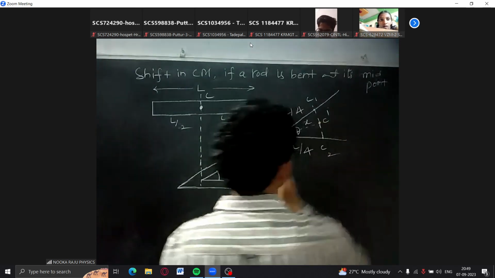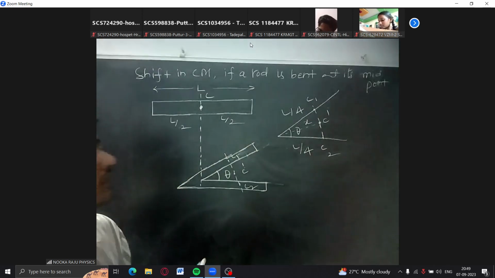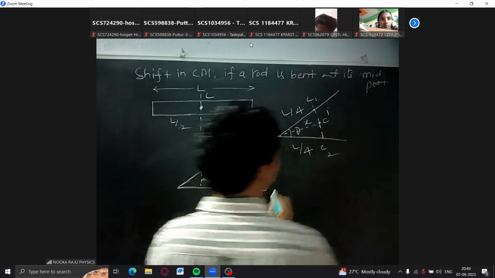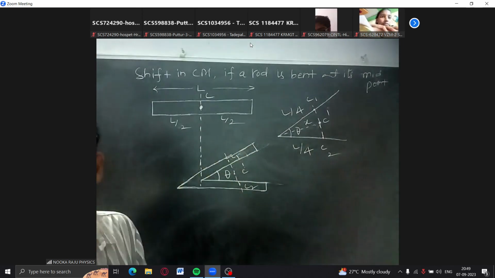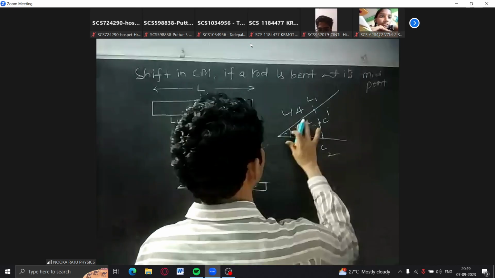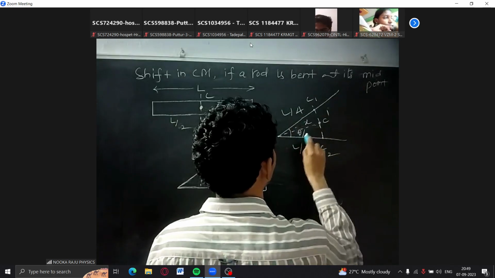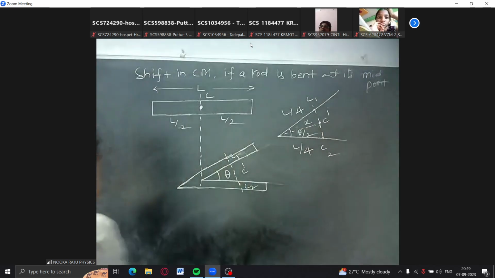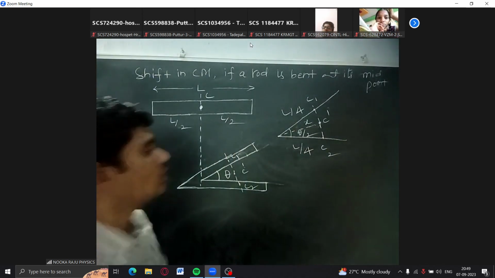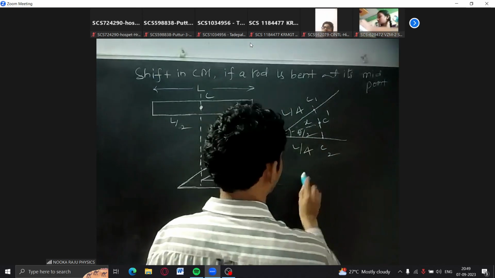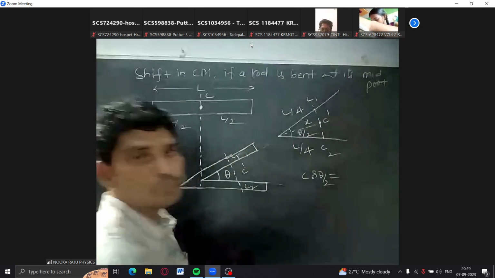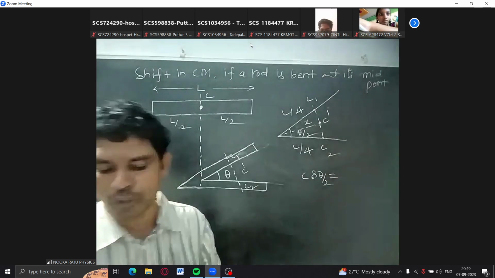Now let this be x. The angle is divided into two parts, theta by 2, theta by 2. So you have to calculate any value. Like cos theta: cos theta equals adjacent by hypotenuse.